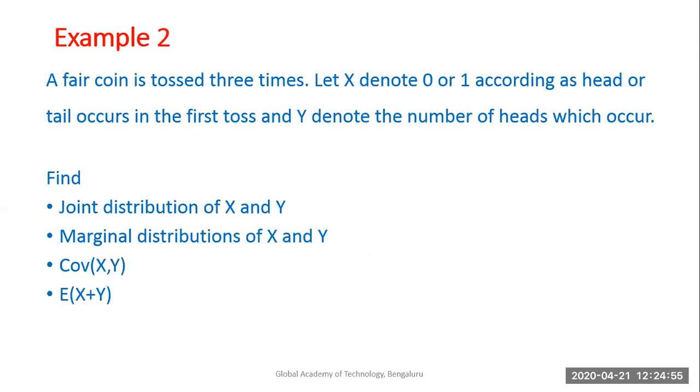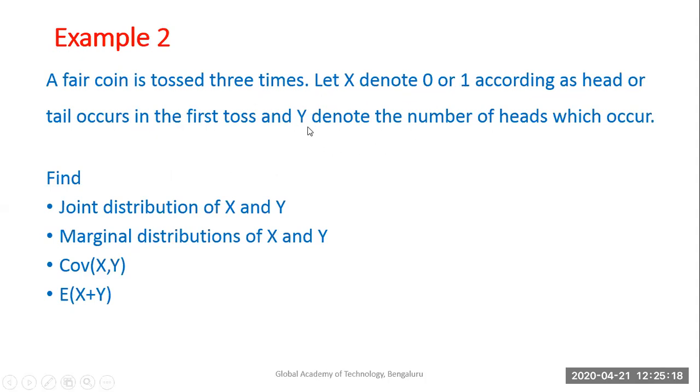So let us take one more example. If a fair coin is tossed 3 times, let x denote 0 or 1 according as head or tail occurs in the first toss. That means if you get head in the first toss, x takes the value 0, and if tail occurs in the first toss, x takes the value 1.